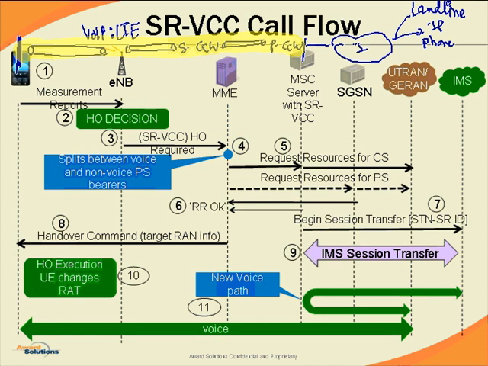The UE sends a measurement report that says the physical cell ID, let's say for LTE cell number 10, is quite weak, minus 95 dBm, something like that.